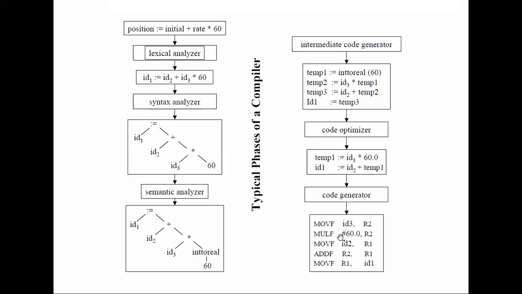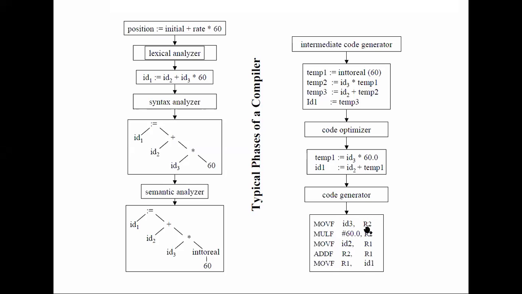Now we multiply this constant value with R2. Then MOVF, we move the ID2 value to R1. Then add R2 plus R1. The final result is contained in R1 only. Then MOVF R1, ID1, so the R1 value is moved to ID1.